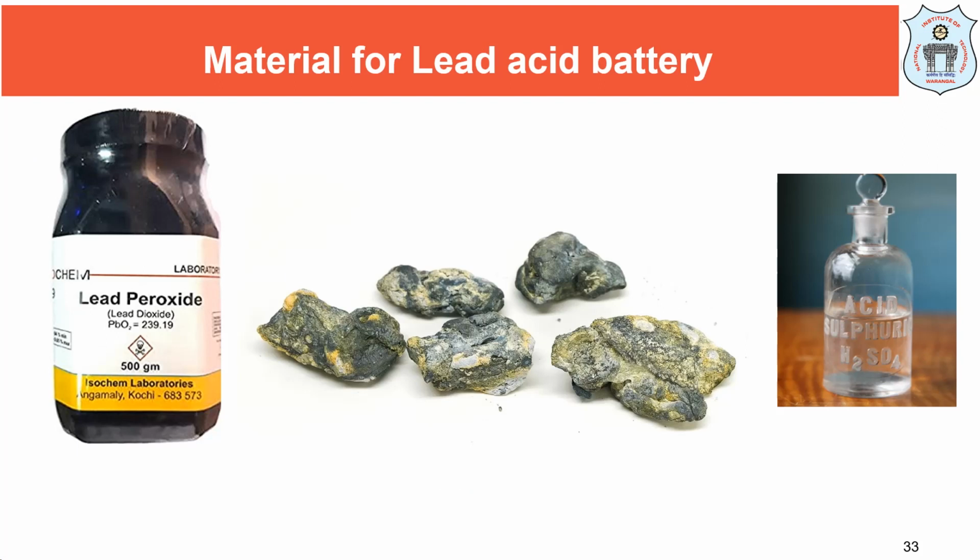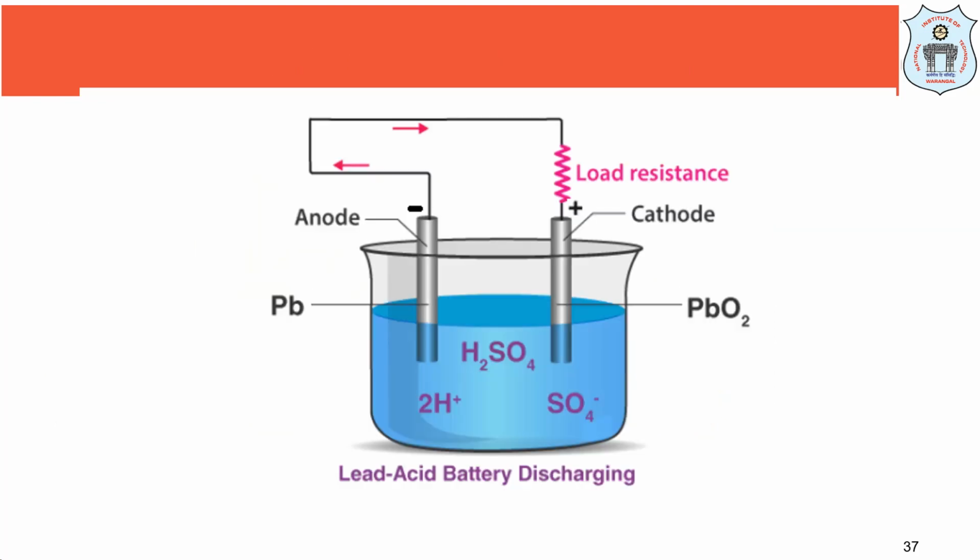The positive plate, which is lead peroxide, looks like a dark brown, hard and brittle substance, whereas the negative plate, which is made up of spongy pure lead, is a soft sponge. And the dilute sulfuric acid used in this lead acid battery has a water to acid ratio of 3 to 1. And this lead acid battery is formed by placing lead peroxide and spongy pure lead in dilute sulfuric acid.